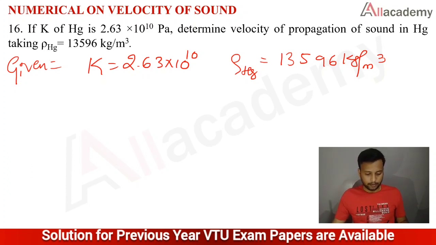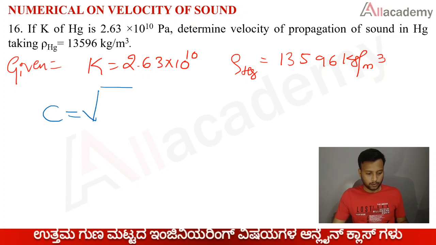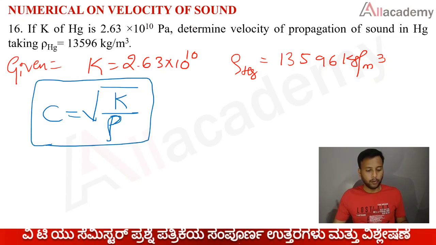Now what is the formula for the velocity? C is equal to root of K by P, sorry, it is not P, it is density. So this is the formula.